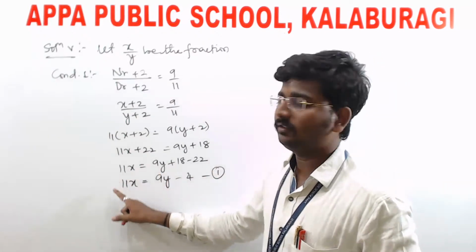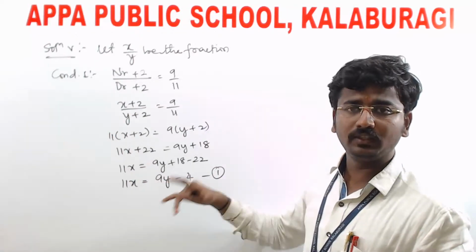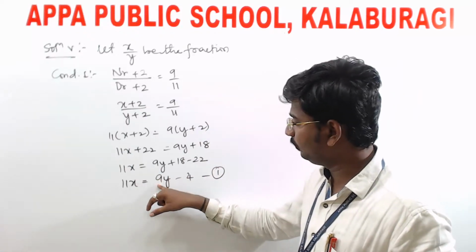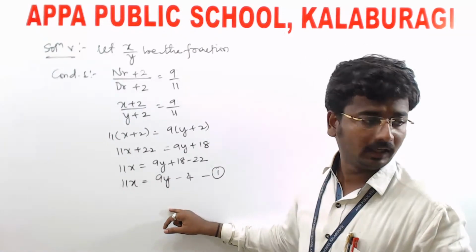You can take 9y to that side, but since it's a substitution, let me check which would be easy. I think the first equation is easy, I can take simply x = (9y - 4)/11. So for that purpose, I have kept this.